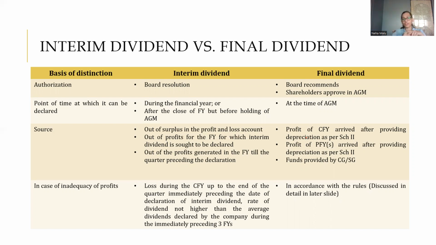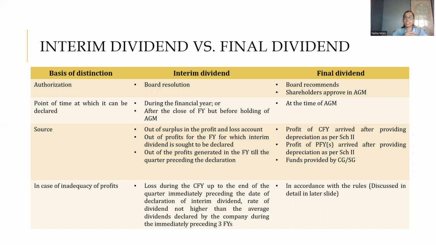So when it comes to authorization, in case of interim dividend, the same is required to be authorized by way of a board resolution. And there are two points of time when interim dividend can be declared. First, it could be any time during the financial year, or second, after the closure of financial year but before the holding of AGM.